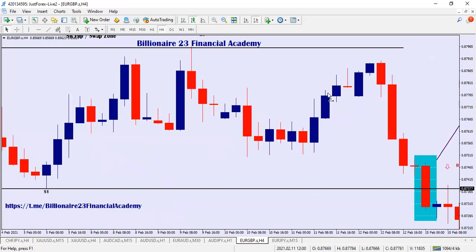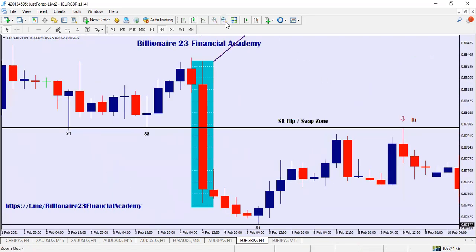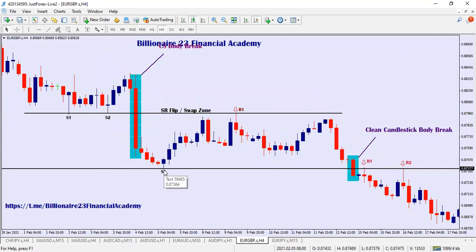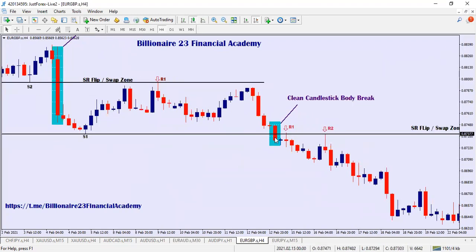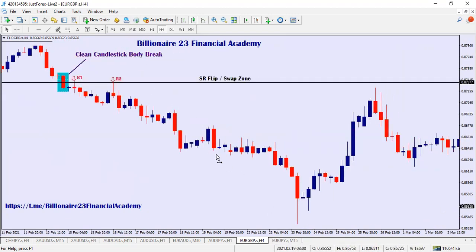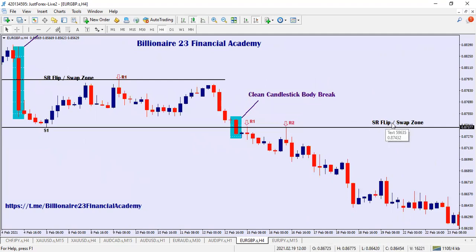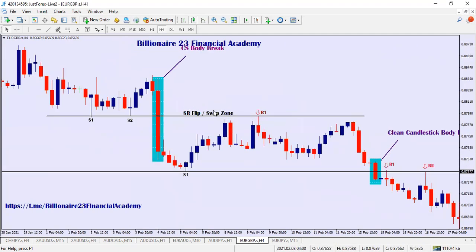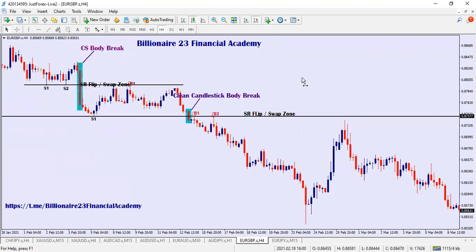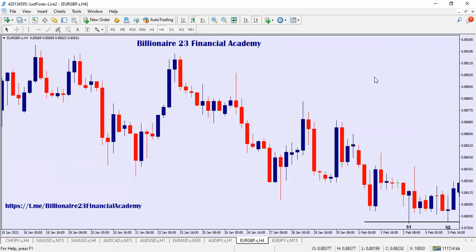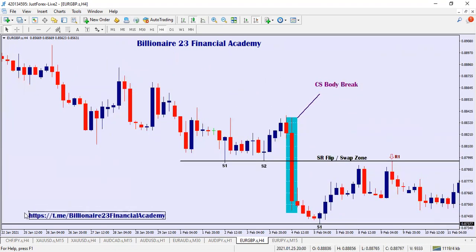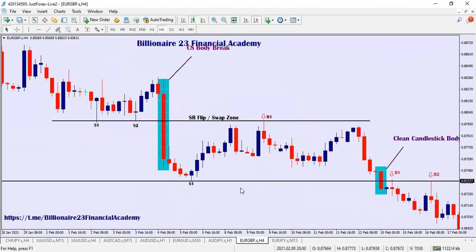And then below that, we have another example. We have support touch 1, clean candlestick body break, resistance touch 1, resistance touch 2, price dropped. Still, it's an SR flip. It's a swap zone. Same here, SR flip, swap zone. Price just repeats itself. It's a matter of you knowing and understanding how to go about trading these zones. I hope it makes sense.